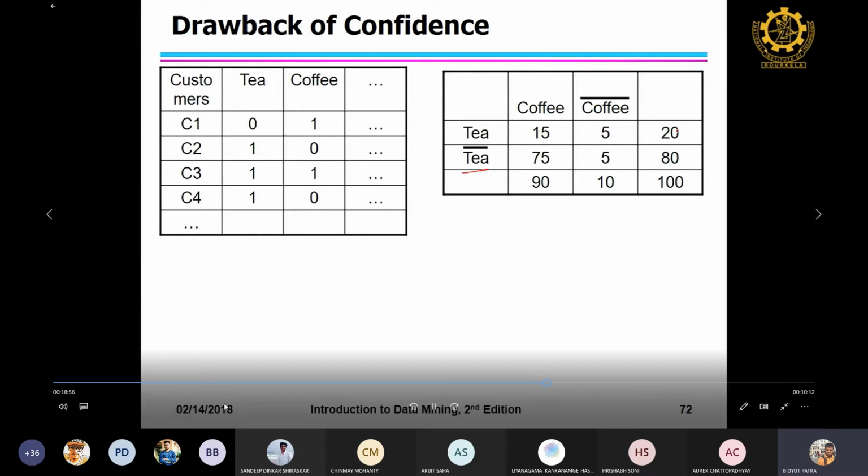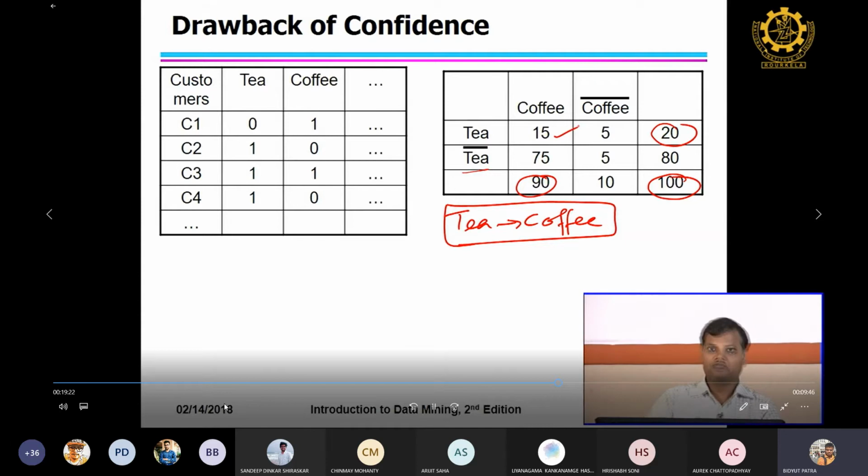That is 20, and how many times coffee was drunk or purchased is 90, and the total is 100. So now if you have a rule, tea to coffee, we find the confidence. What will be the confidence of this rule? What is the formula for the confidence? How many times do tea and coffee appear together?